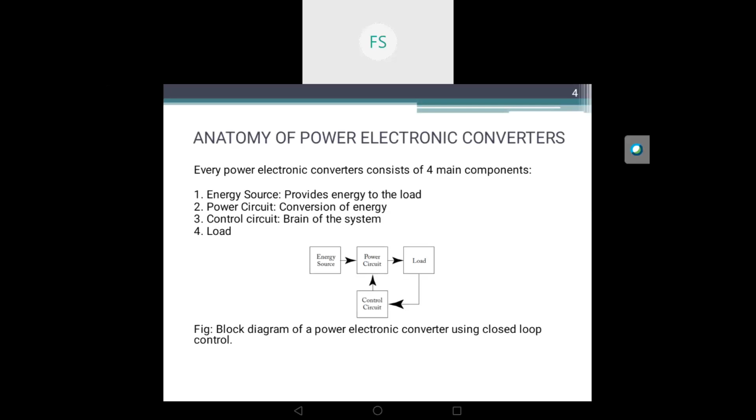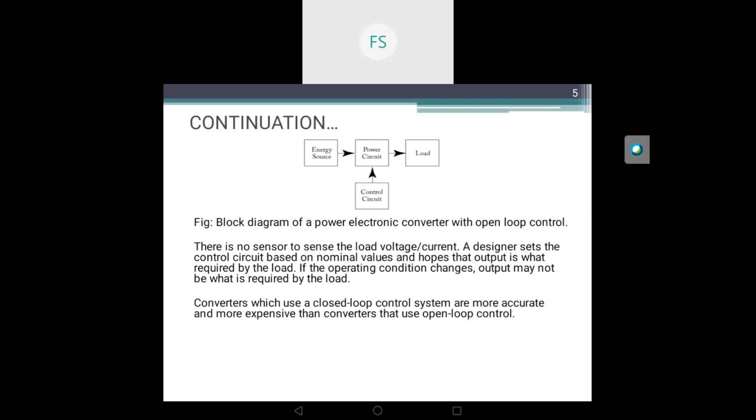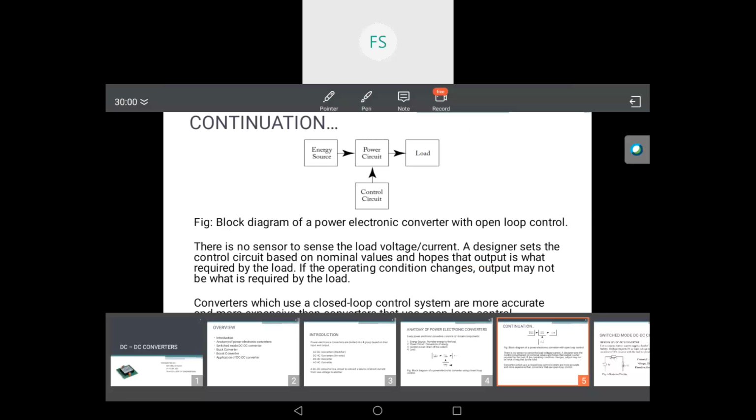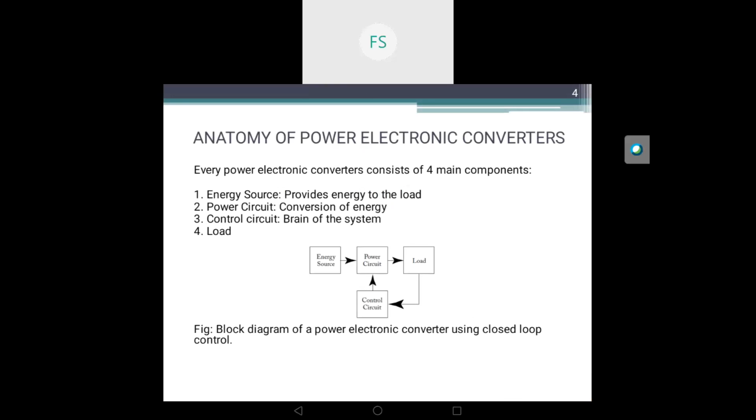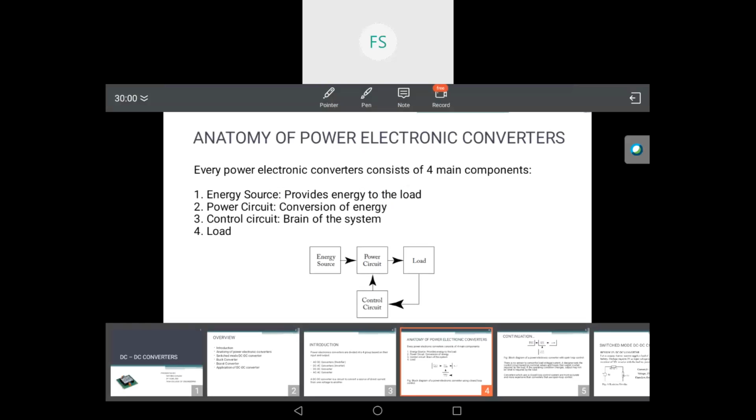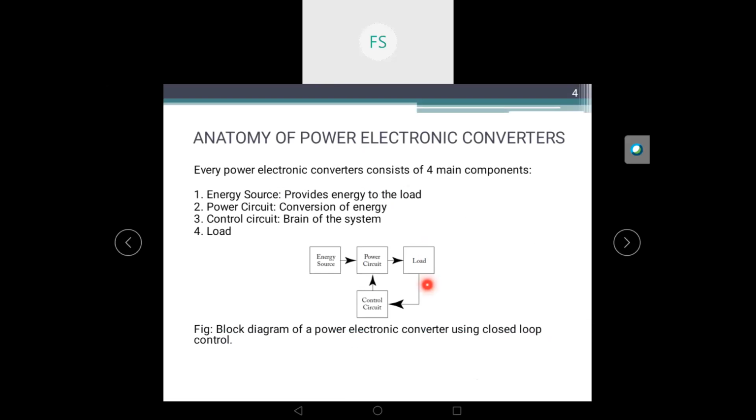Actually, the control circuit can be divided into two broad categories. The first one is closed loop control and the second one is open loop control. You can see in the open loop control, there is no arrow connecting the load and control circuit. While in closed loop control, there is an arrow connecting control circuit and load.